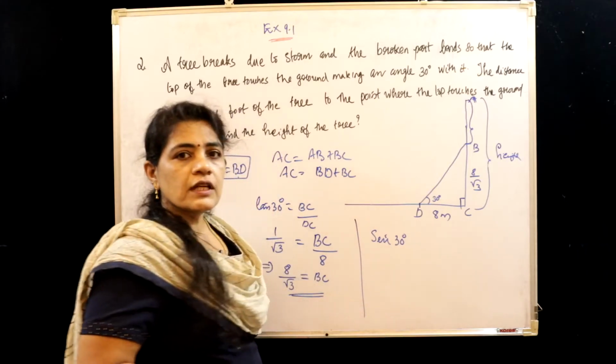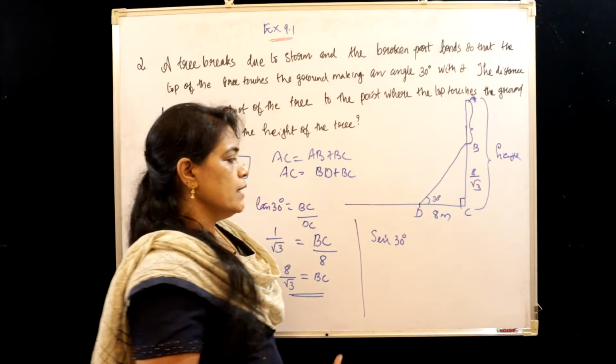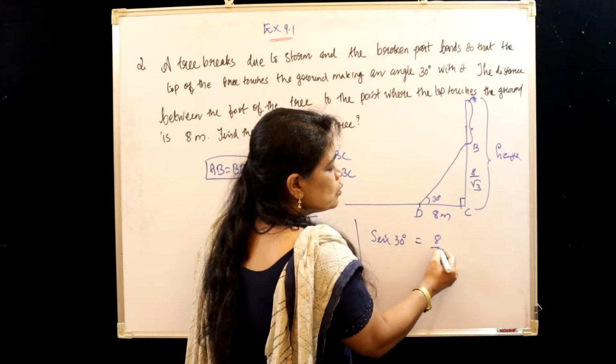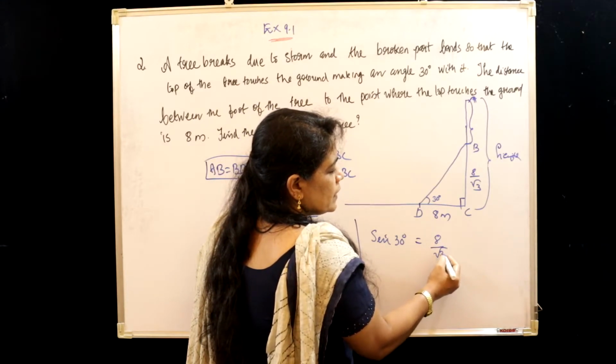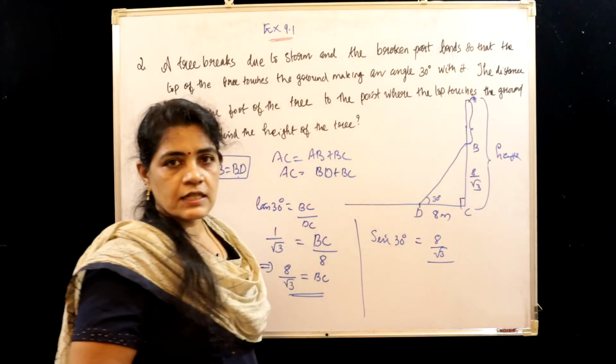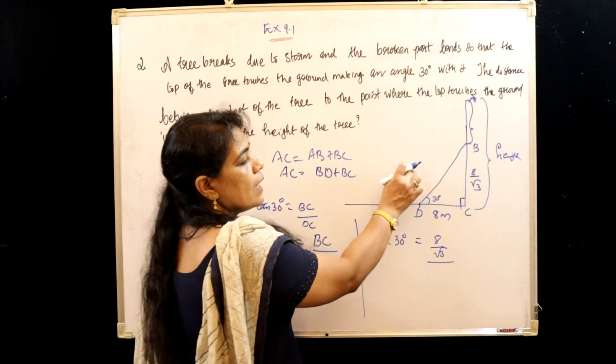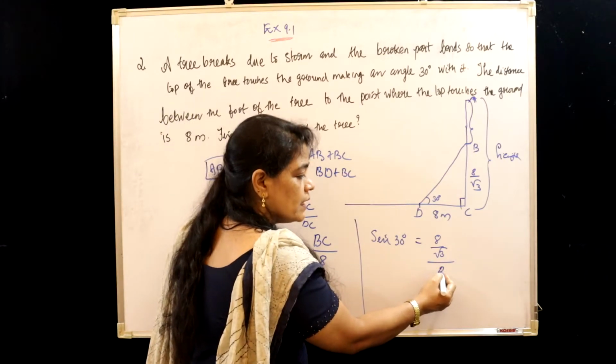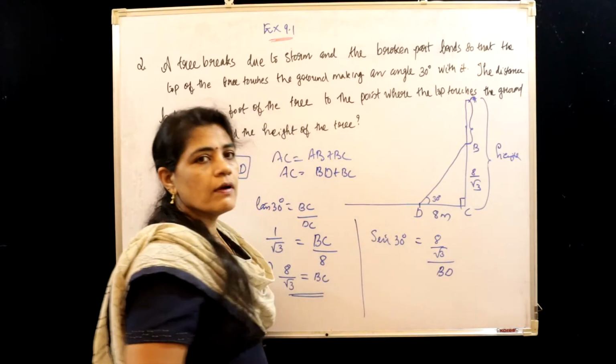For both ratios that acute angle is 30 degree. So sine 30 equal to BC, that is 8 by root 3, divided by the hypotenuse. The hypotenuse is what we need, that is BD should come in that, then only we will be getting its value.